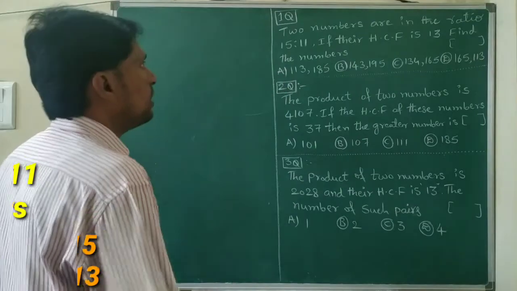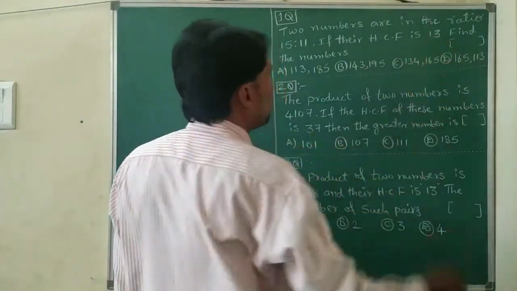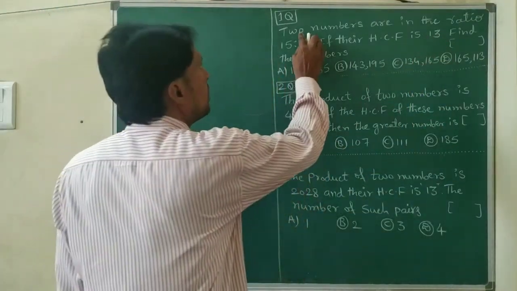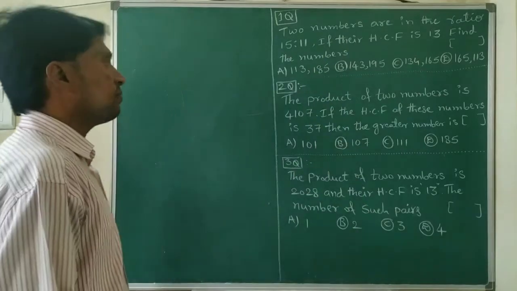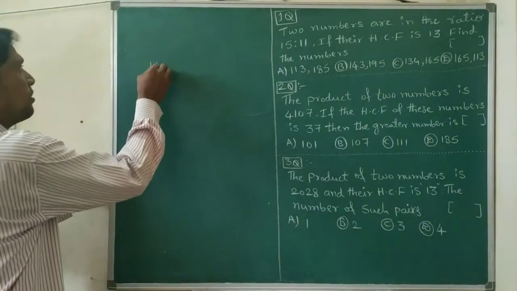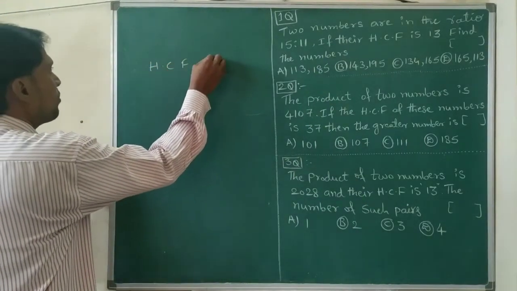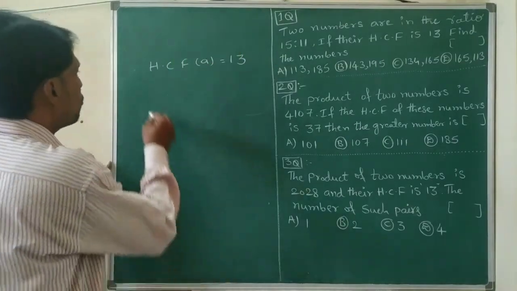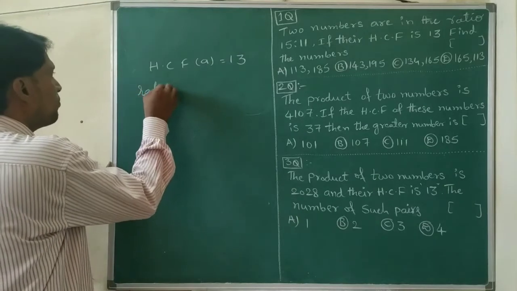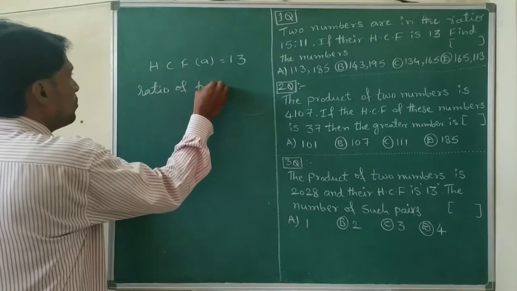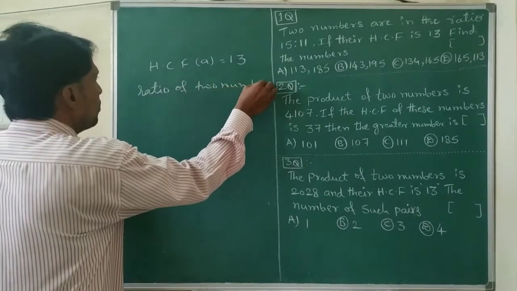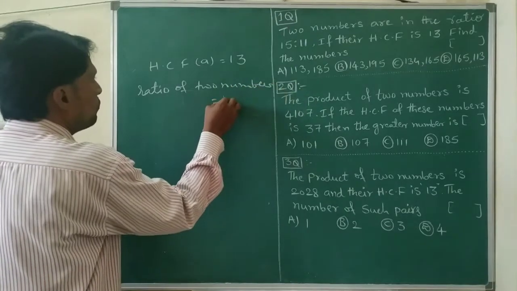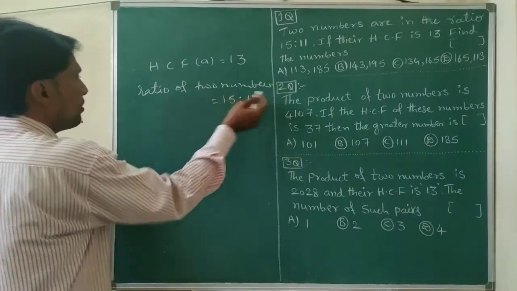So here the HCF of two numbers is given as 13, and the ratio of the two numbers is also given. HCF means the common one, which we are taking as A. So the ratio of the two numbers equals 15:11, this is given.